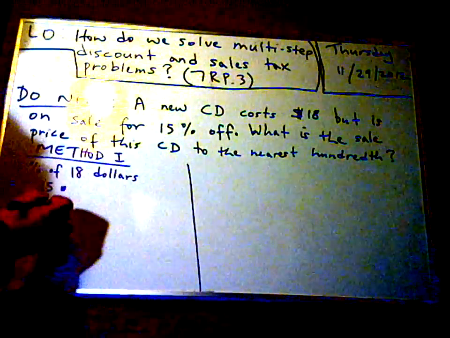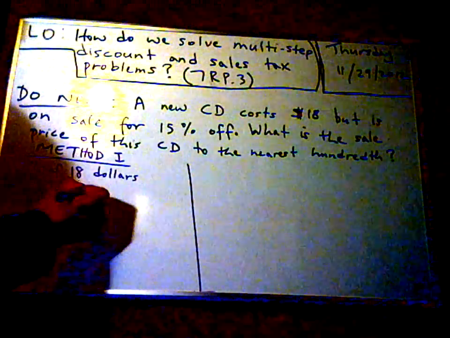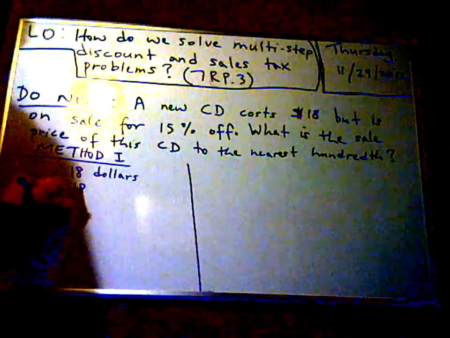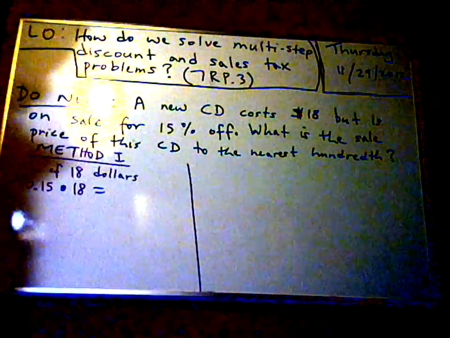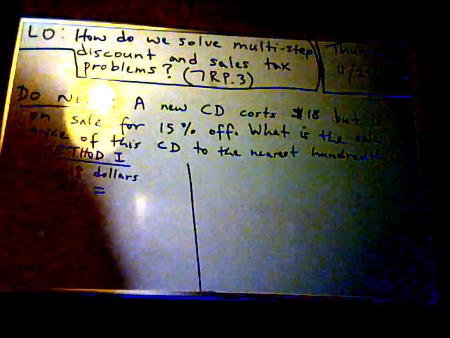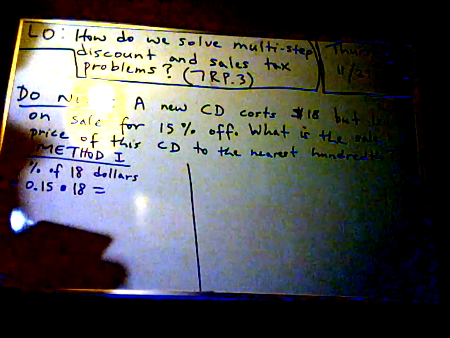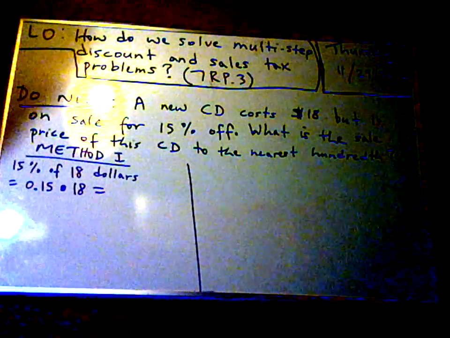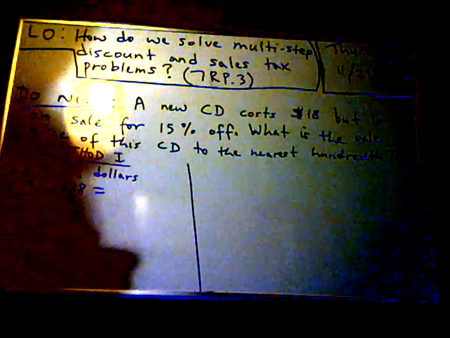Okay, so 15% off $18 is 0.15 times 18. Okay, or 15 over 100 times 18, which is equal to 0.15 times 18.